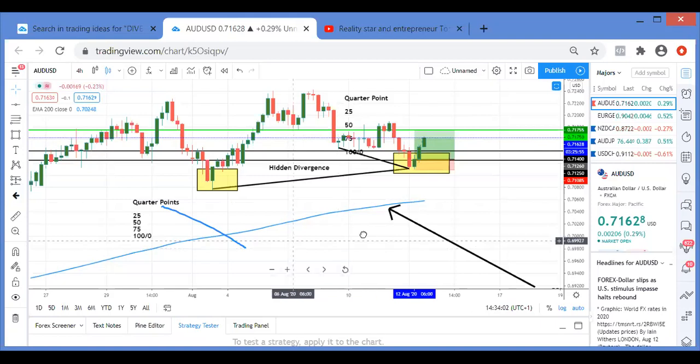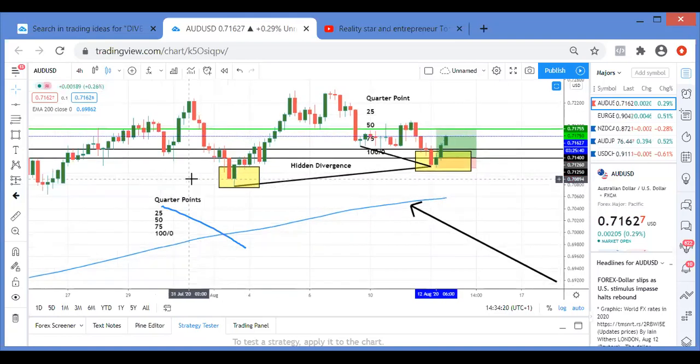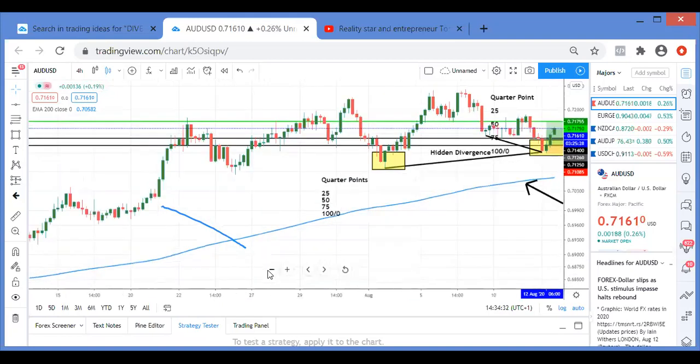So, for instance, now the market is above this 200. If I sold here down to here, that is, sorry, not reversal, that is counter trend. Retracement, my bad. That is counter trend trading. If you sell here, this is counter trend.